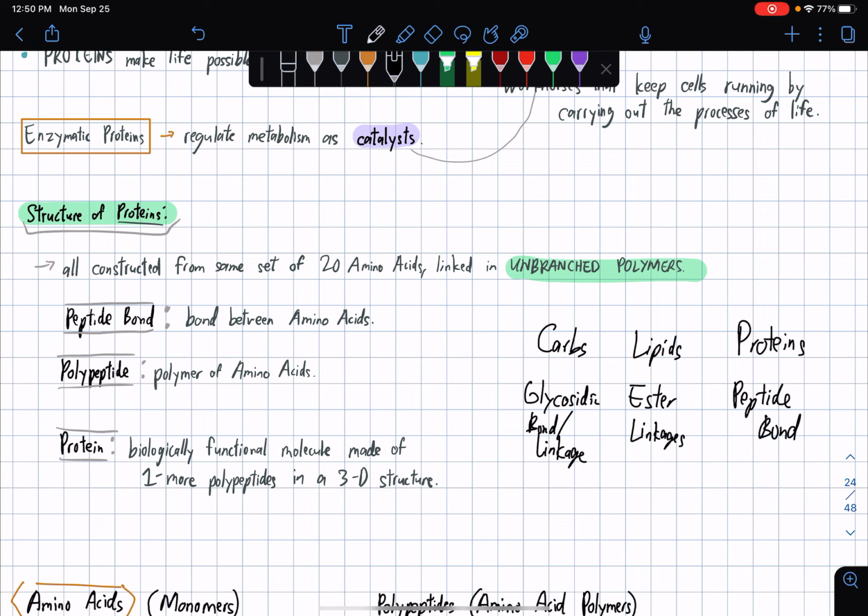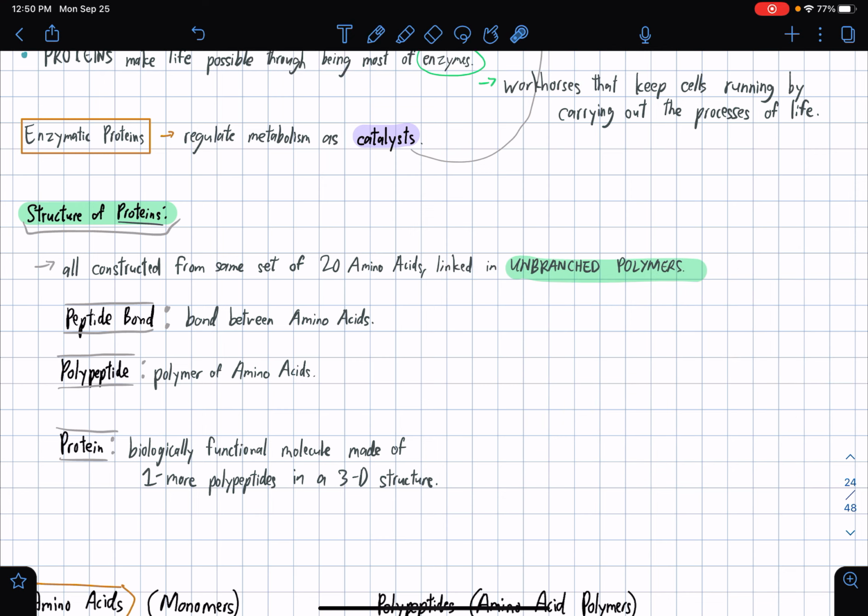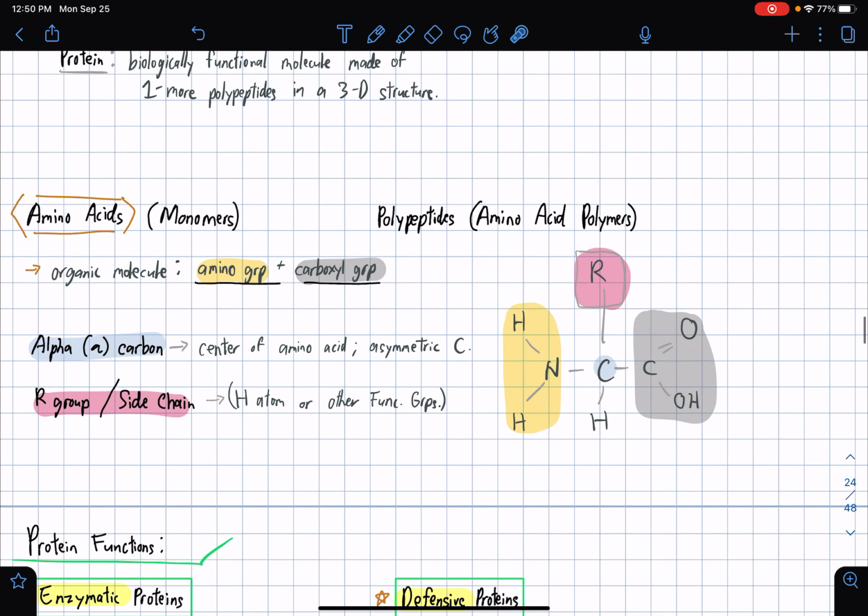So I think these terms are analogous to each other. You might want to take note of that. Anyways, for amino acids, we have monomers, and for polypeptides, there are amino acid polymers.